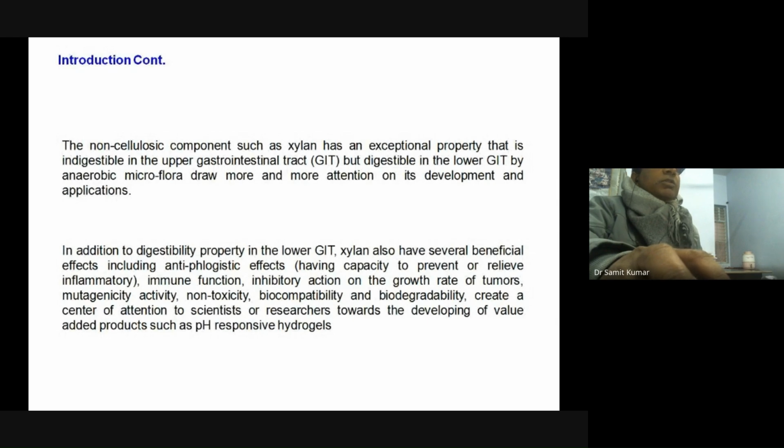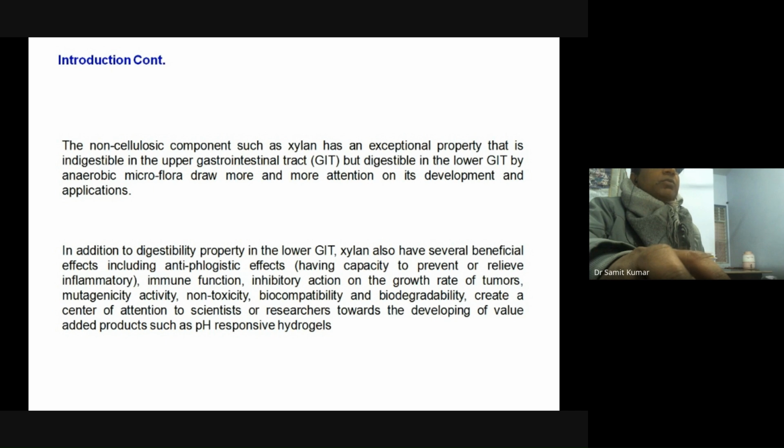The non-cellulosic components such as xylan have exceptional properties: it is indigestible in the upper gastrointestinal tract, but digestible in the lower gastrointestinal tract by anaerobic microflora, drawing more and more attention to its development and applications.